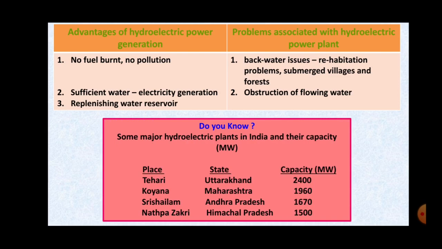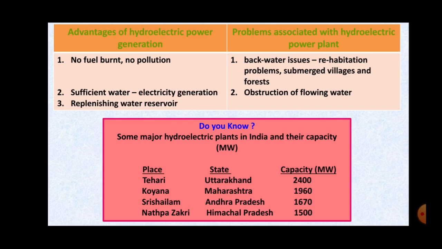Then this is just for your information. You should know how many hydroelectric power plants there are. Like we had seen the places and the capacity of different power plants. Regarding hydroelectric power plants in India, in the state of Uttarakhand, at Tehri, there is a hydroelectric power plant which produces 2400 megawatt of electricity.